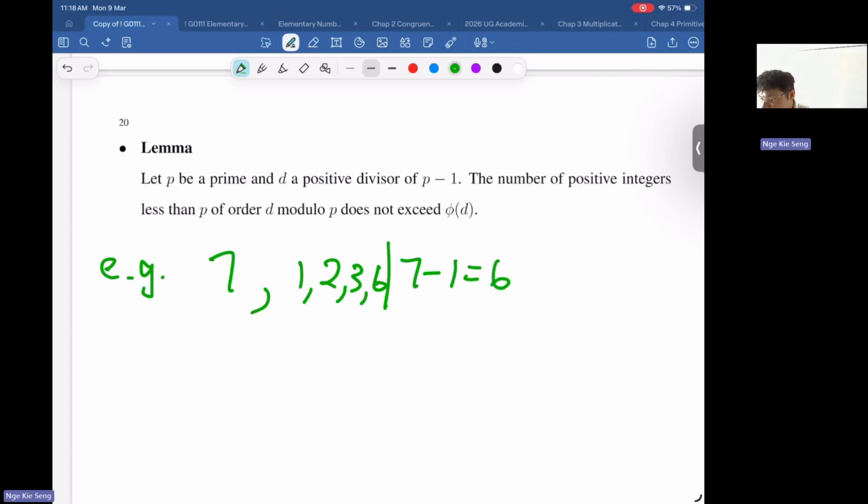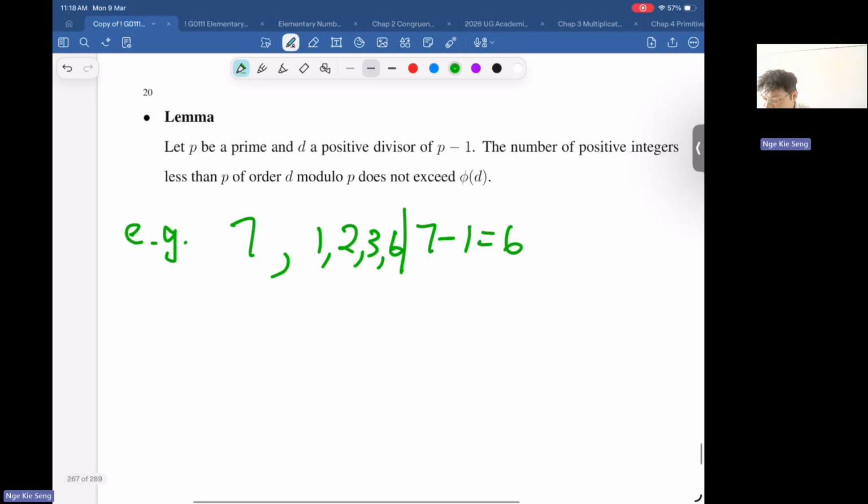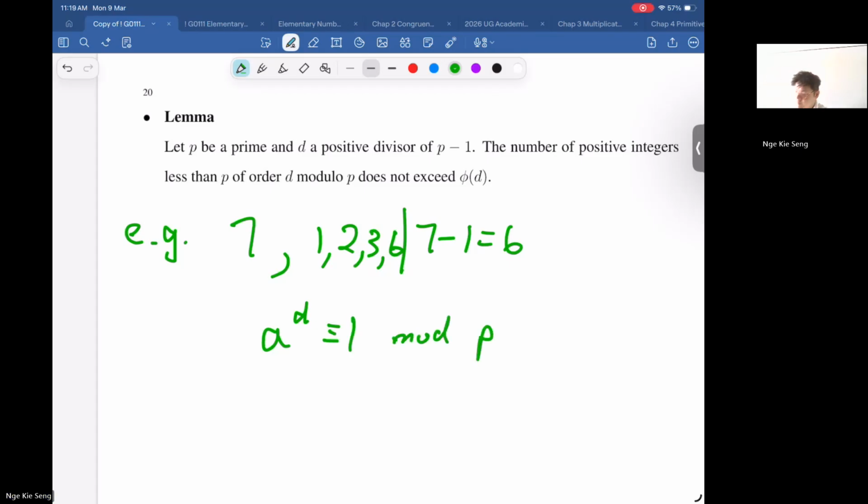So you want to ask the number of positive integers less than p that have order d, meaning a to the power d is congruent to 1 mod p. The number of such candidates shouldn't exceed phi of d.